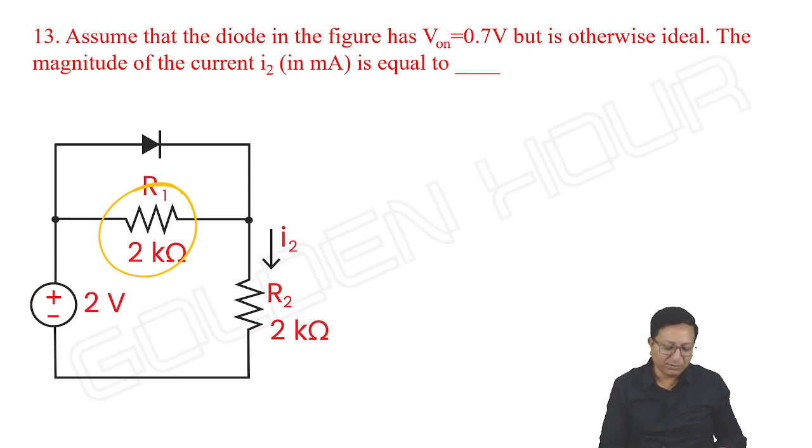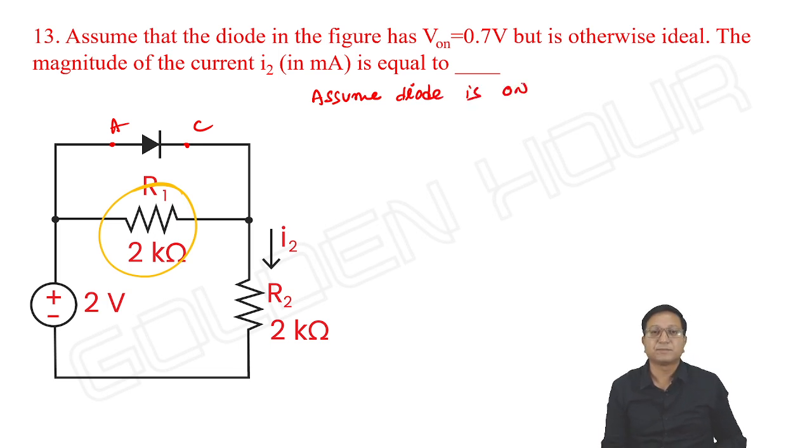Okay, here also by default what we do is assume the diode is in on state, right? Anode and cathode terminals, just by observation, it looks like the diode is on. So assume the diode is on. If so, the voltage across the diode will be 0.7 volts.